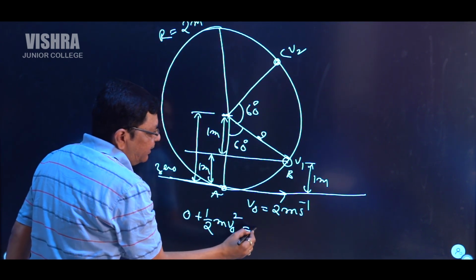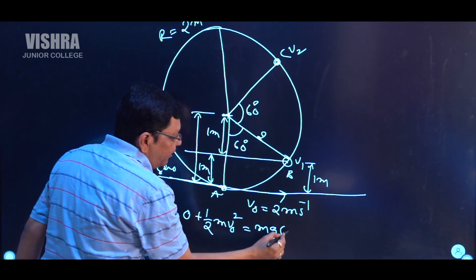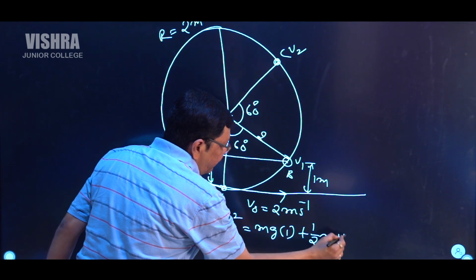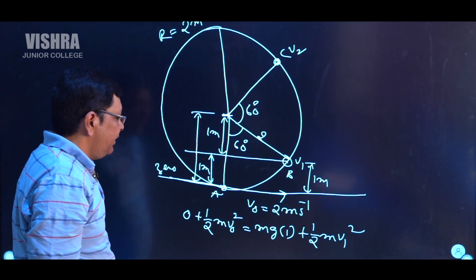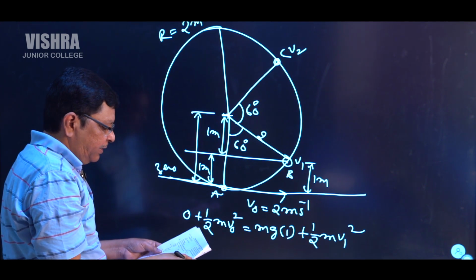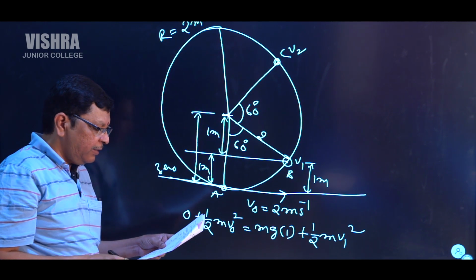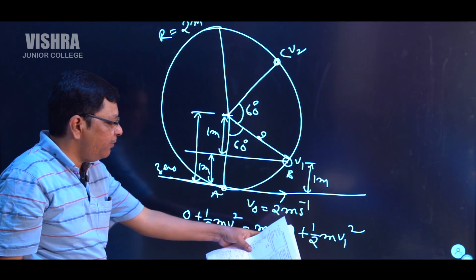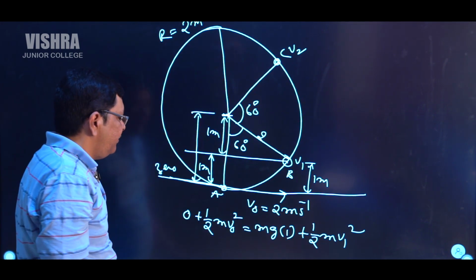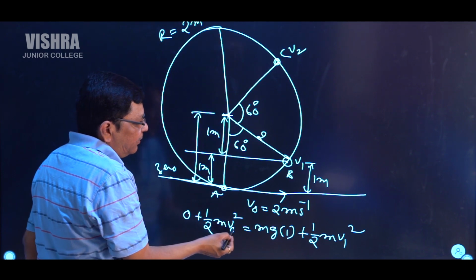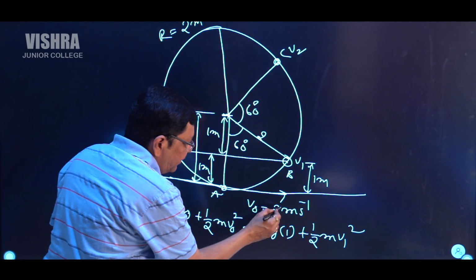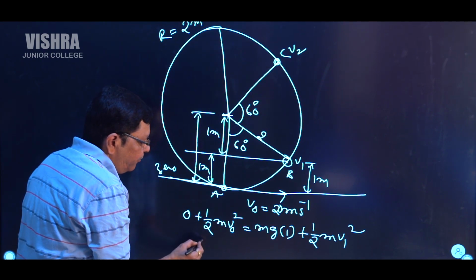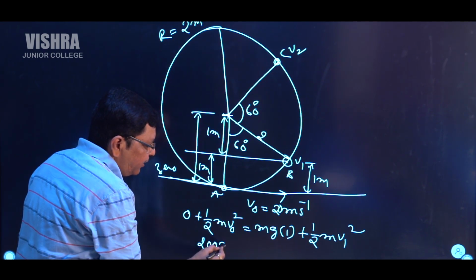So potential energy at B will be mg multiplied by height 1 meter, and kinetic energy will be half m v1 square. Here v naught is given as 20 meters per second. In the question, mass is not given, so keep half m v naught square, and you can take g approximately as 10. So 20 square, that is 400 by 2, so this is 200m.